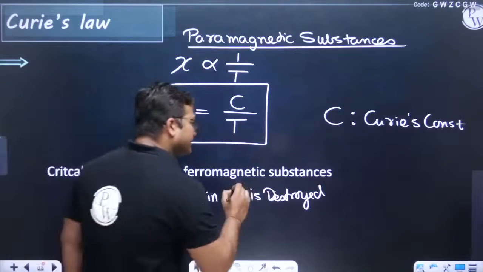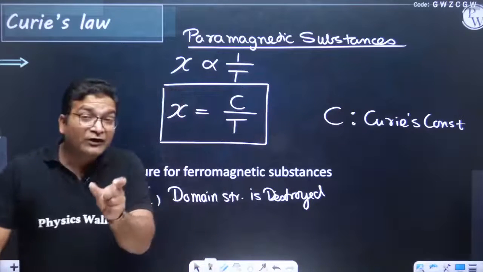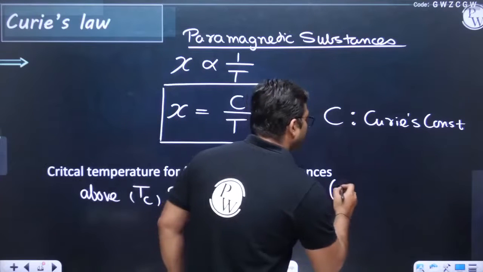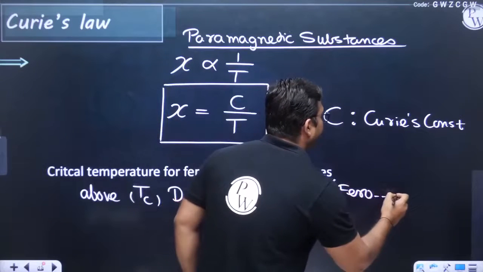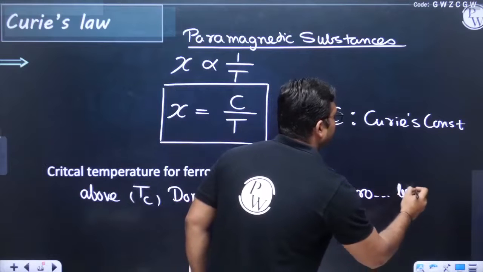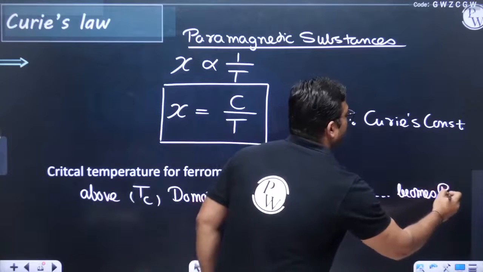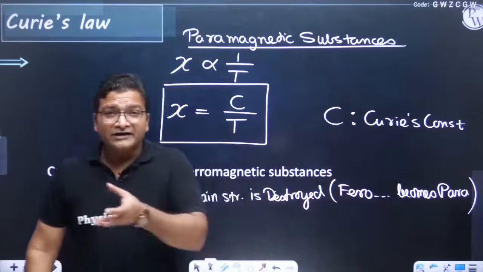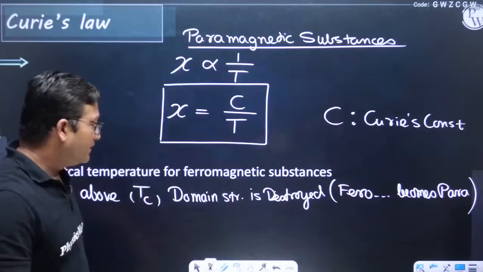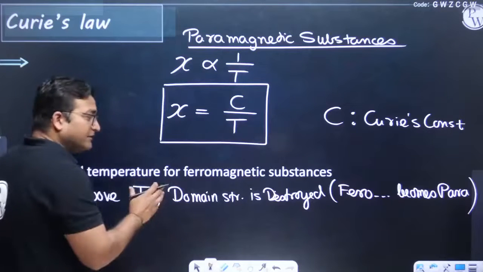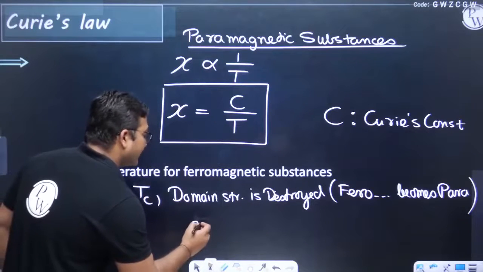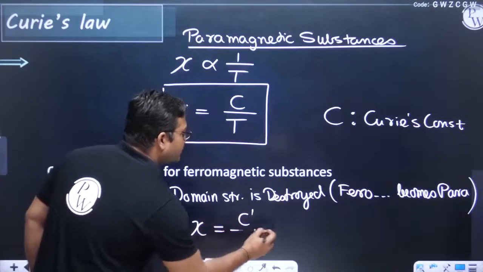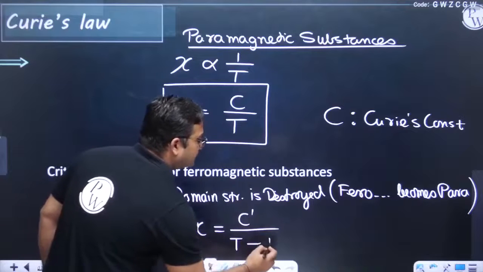When the domain structure is destroyed, you can say the ferromagnetic substance becomes paramagnetic. And when it becomes paramagnetic, it starts following Curie's law. So for this type of material, the law is given as the susceptibility equal to some new constant C dash divided by T minus Tc.